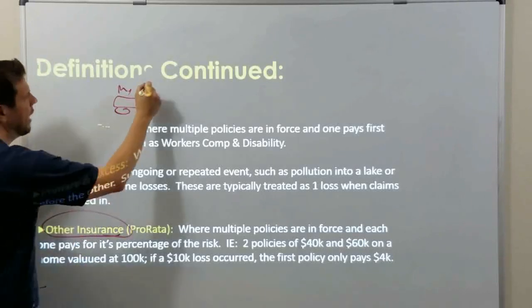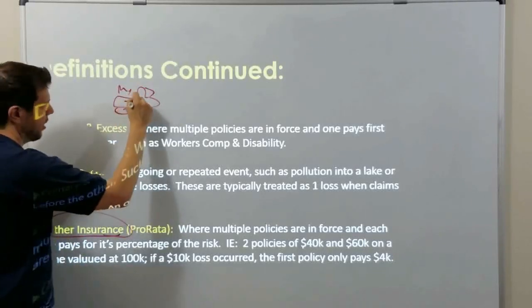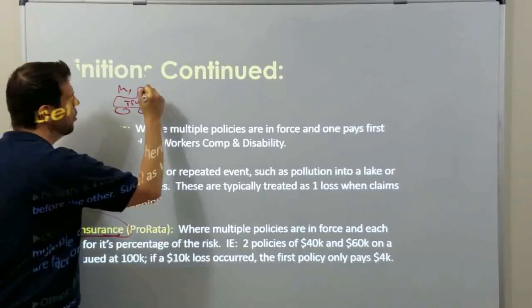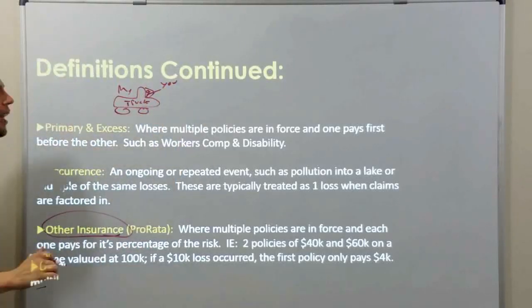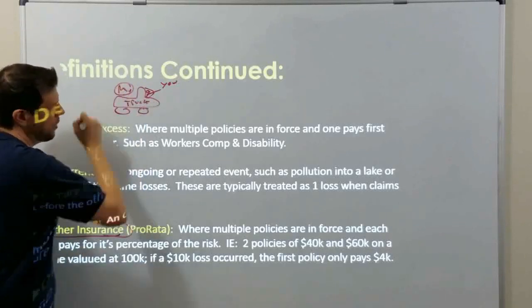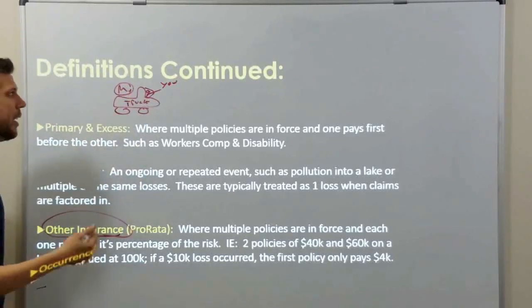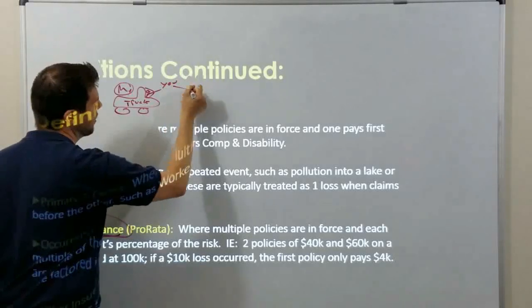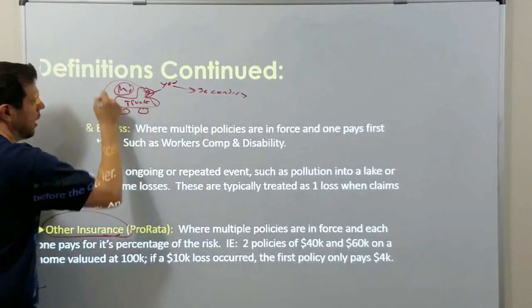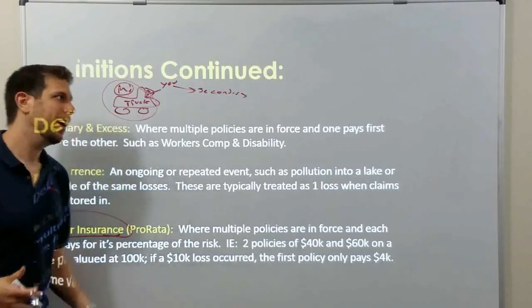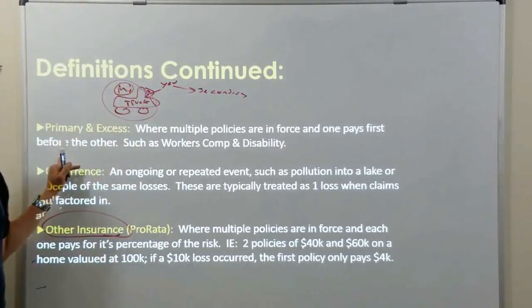So like, let's say I have insurance on my truck, and I allow you to drive my truck. If you get in a car accident, my insurance is primary. Then if you also have insurance, your insurance is secondary. We insure the primary thing first, then the driver comes in secondary over top of that.